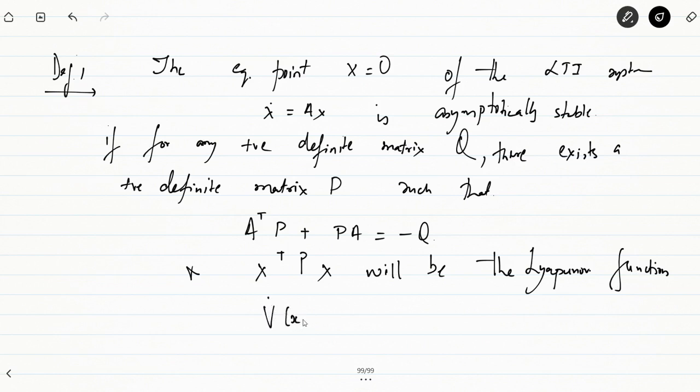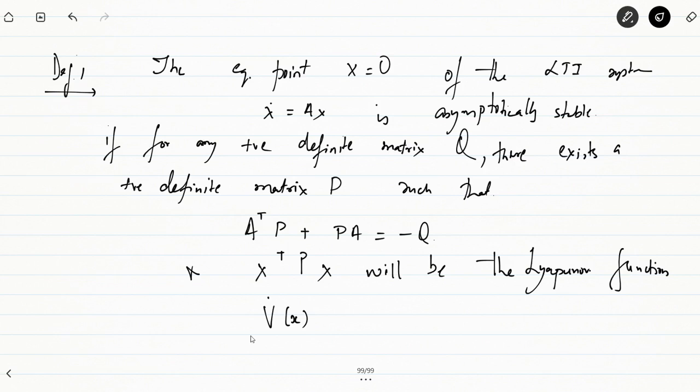we'll be using the theorems, we'll be determining the positive definite matrix P. For any positive definite matrix Q, there should exist a matrix P such that A transpose P plus P A will be equal to minus Q for the linearized system of this nonlinear model. And in that case, if this is true, then x transpose P x will be the Lyapunov function.